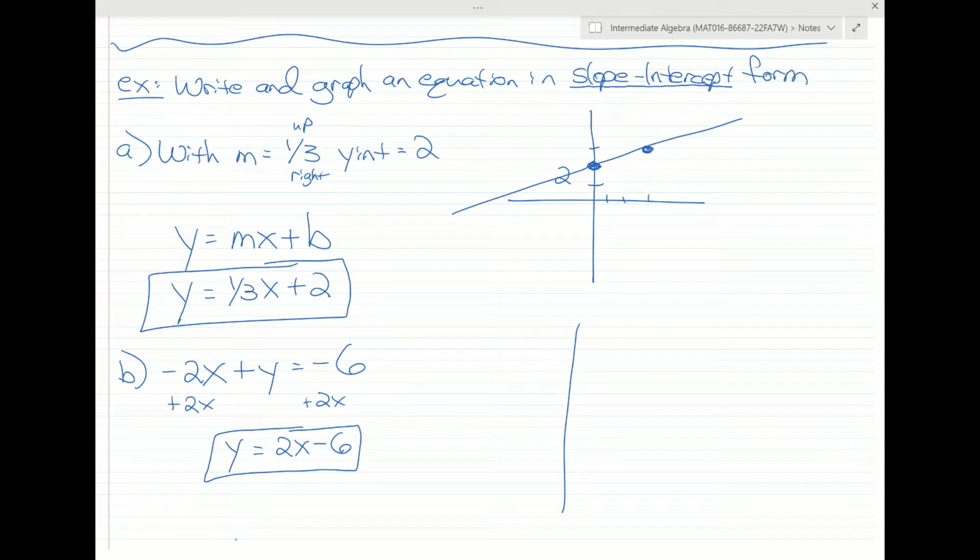Graphing this, we'll go down to negative 6, and then up 2 over 1. That's what the graph looks like.